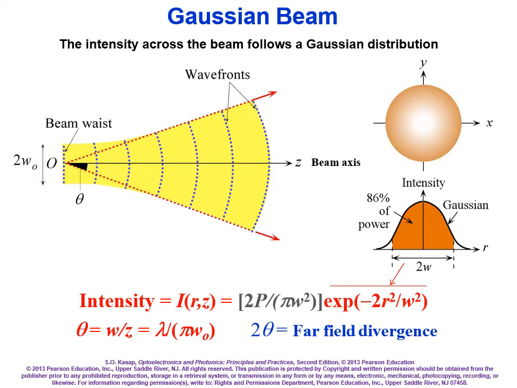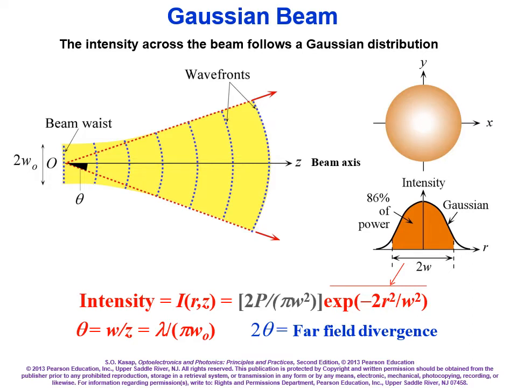Now the intensity across the beam follows a Gaussian distribution. Here we can see the intensity I, which is a function of r and z, equals 2P over πw² times the exponential of −2r² over w², where θ equals w over z, which is λ divided by πw0. Twice θ is the far field divergence.